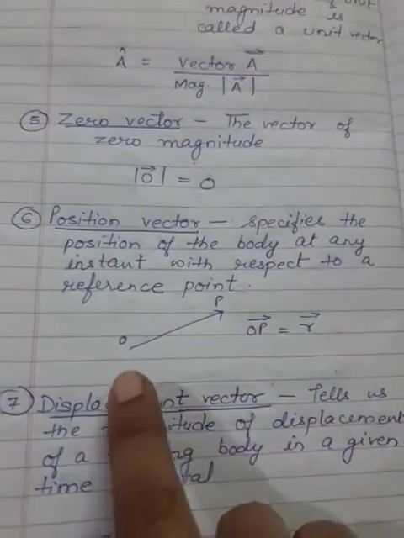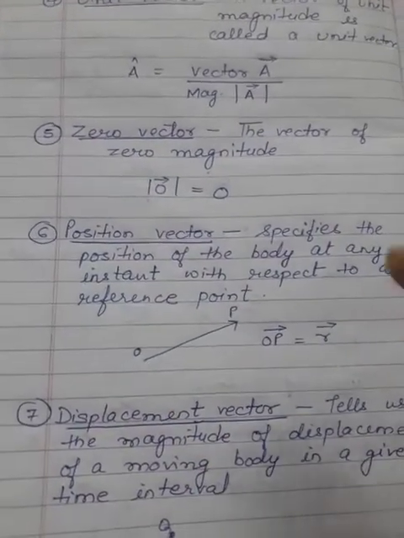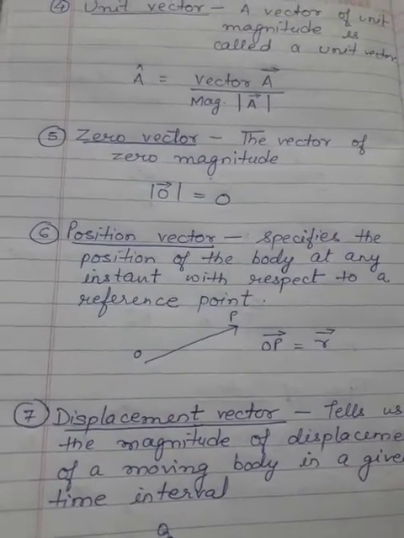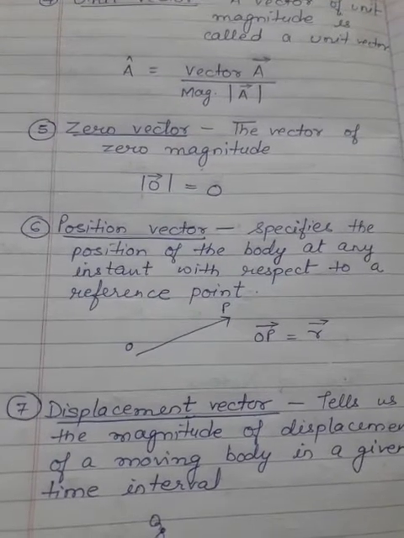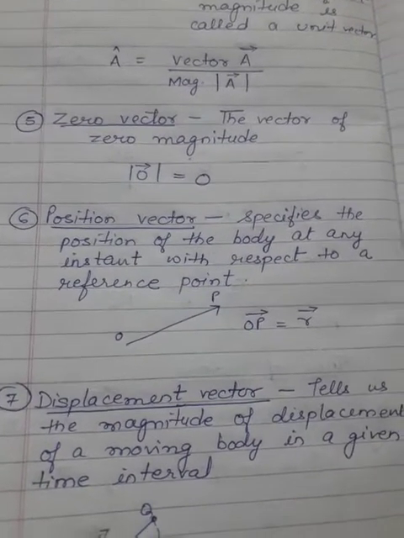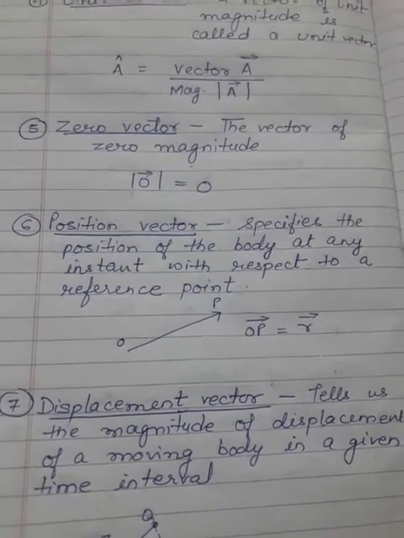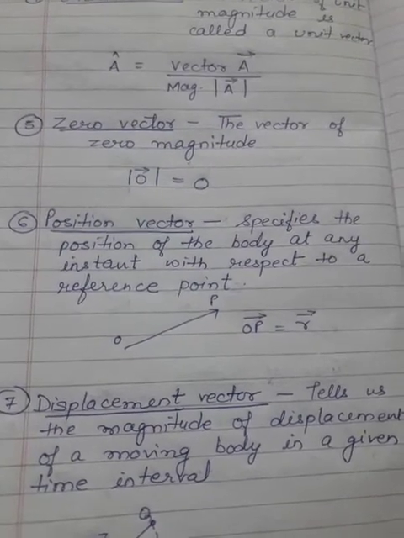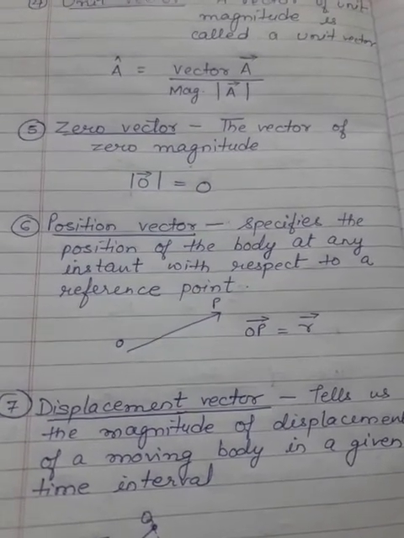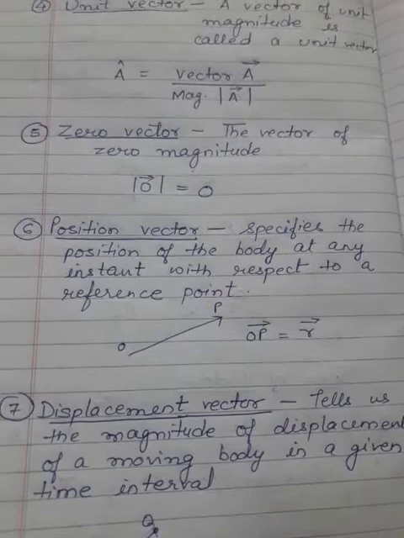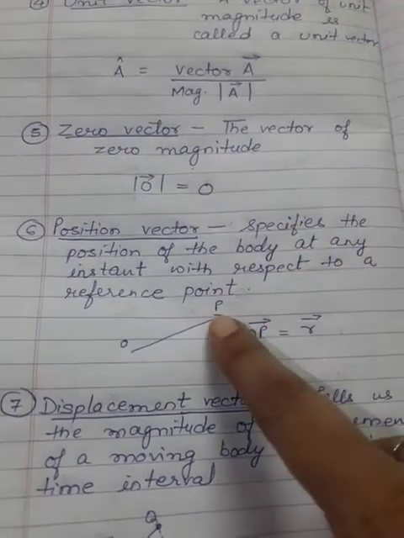That means if you are taking axes x and y, and you get any point on the x-axis or the y-axis, whatever the displacement or distance from 0, because your reference point is 0, that is called the position vector.